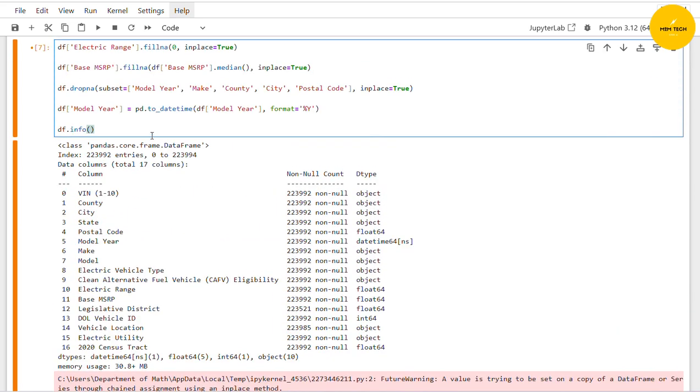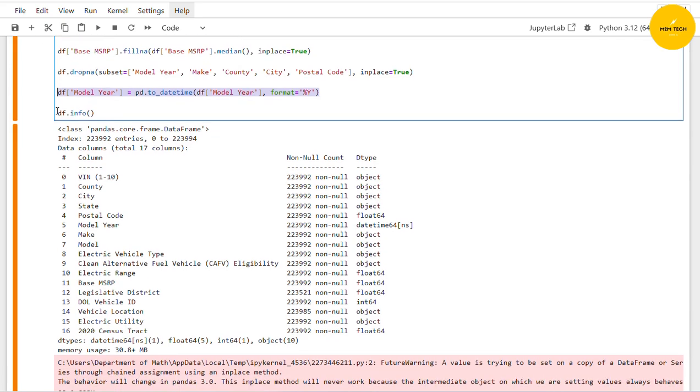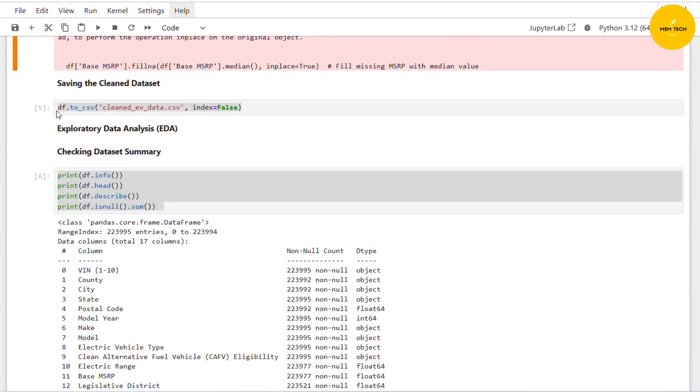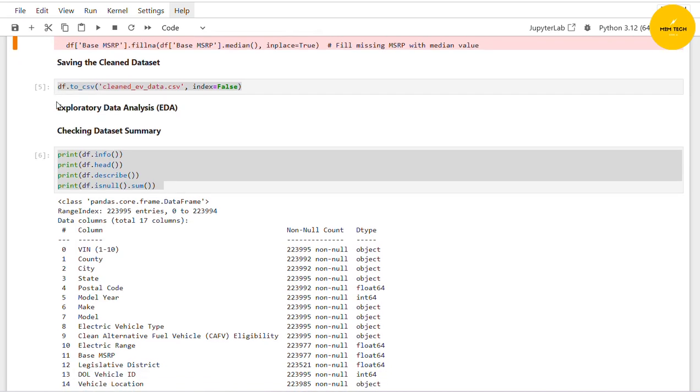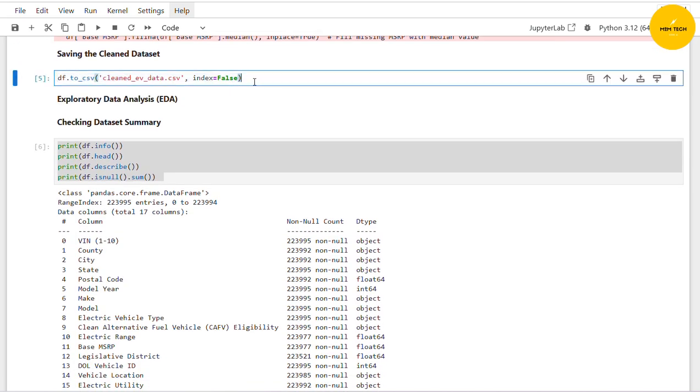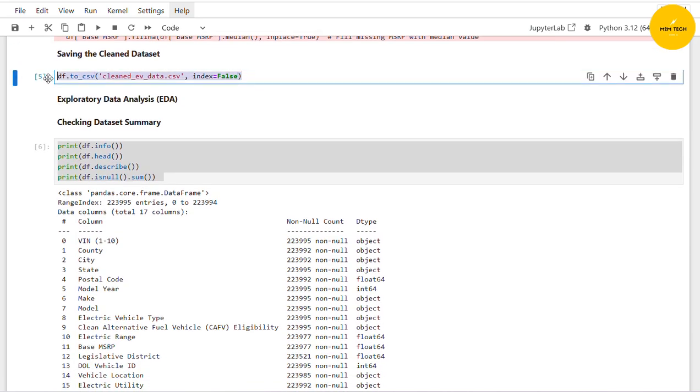One more thing that we used: the model year column is converted to a datetime format using pd.to_datetime for better time-based analysis. Finally, the clean dataset is saved to a new CSV file.